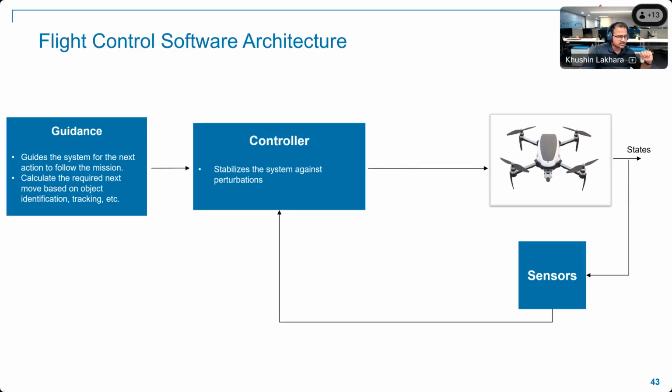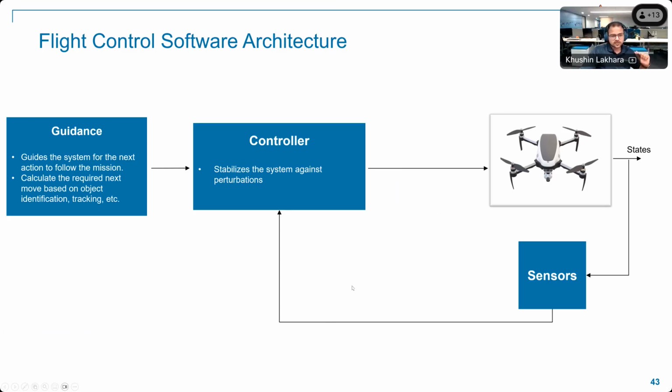The controller is stabilizing the system against perturbations, whereas the guidance is guiding the system for the next action to follow the mission. It also calculates the required next move based on the purpose of object identification, tracking, or maybe taking some corrective action.